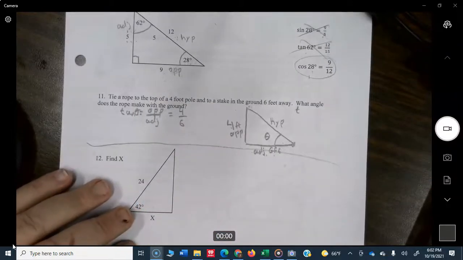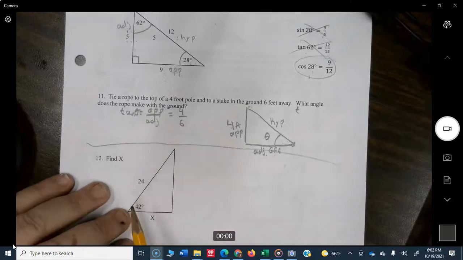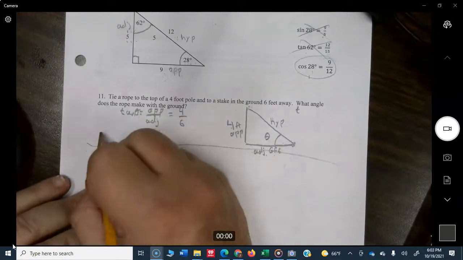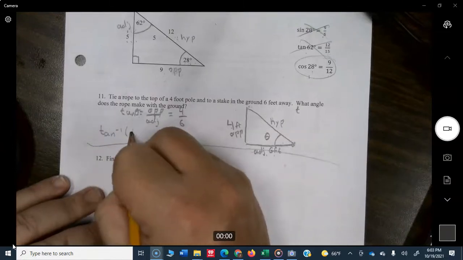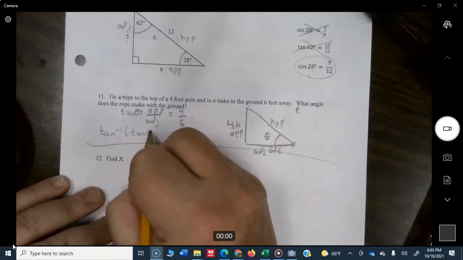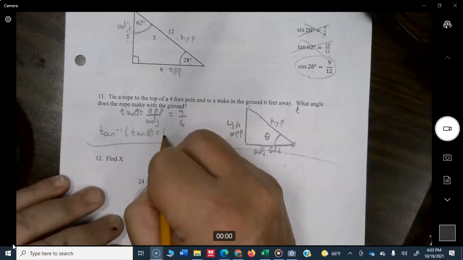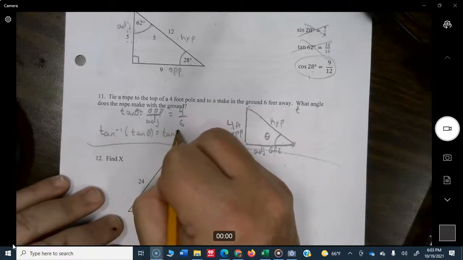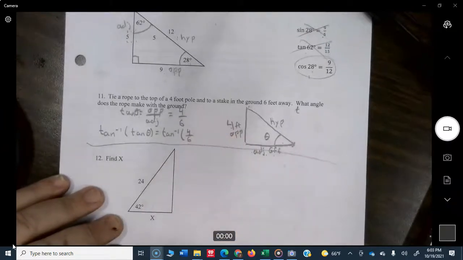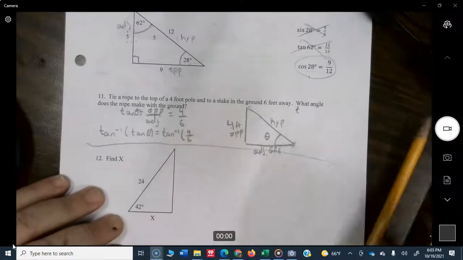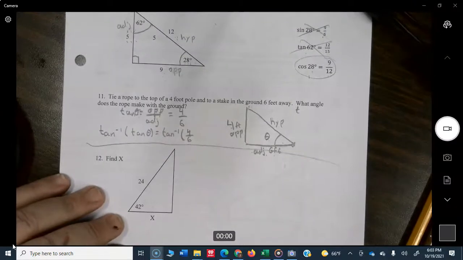If we want to find an unknown angle, we have to use the inverse function. So it's going to be tangent inverse of tangent theta equals tangent inverse, arc tangent, of 4 over 6. All right, and I'm wishing I hadn't drawn that line there. It's getting in the way now.